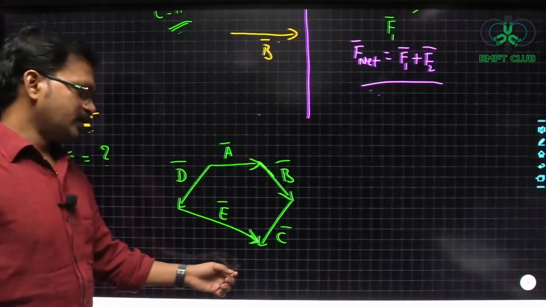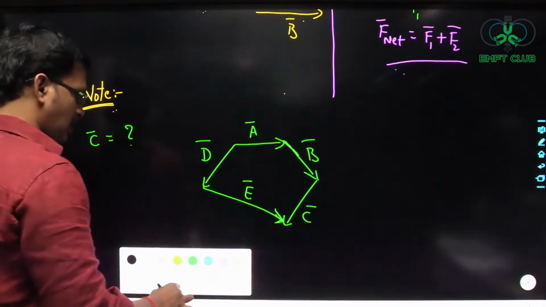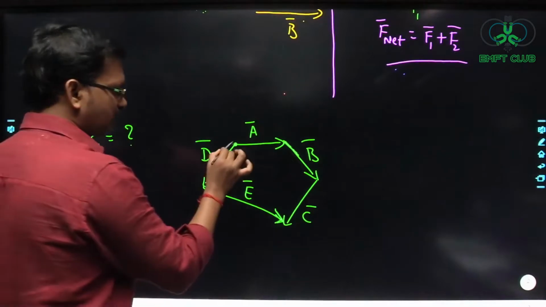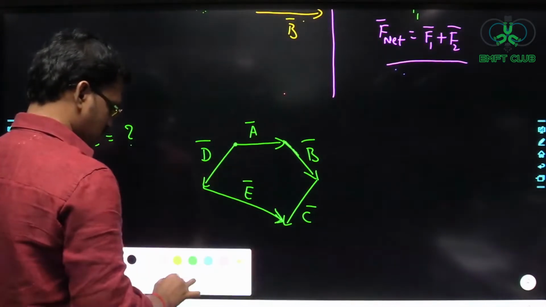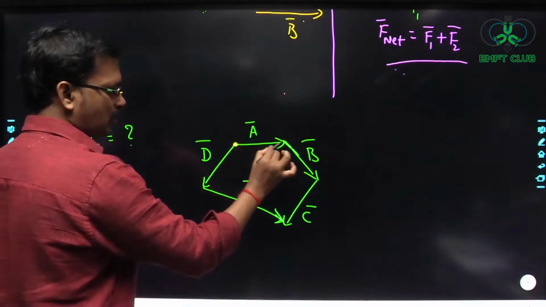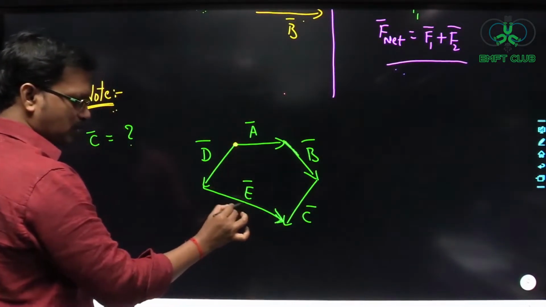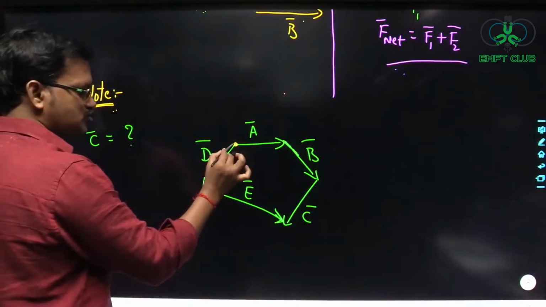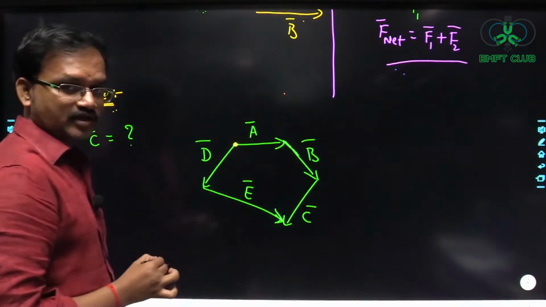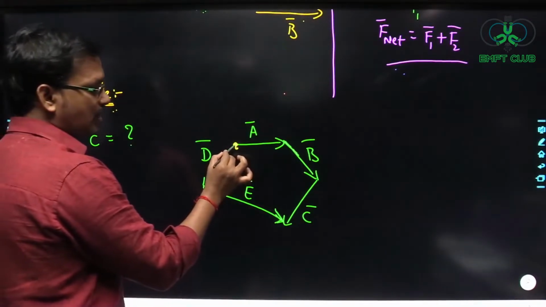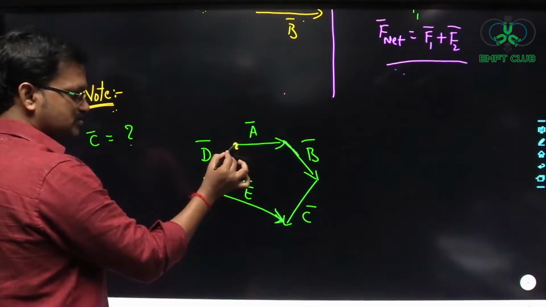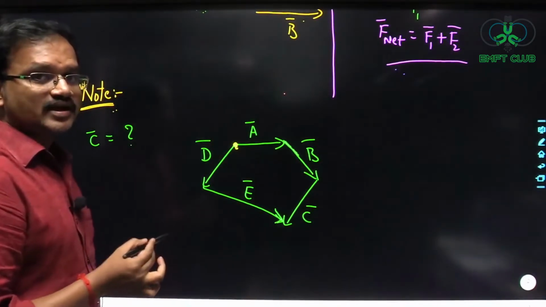Always remember this. If you start from this point and move along this closed path and again reach the same point, then what is the net displacement?